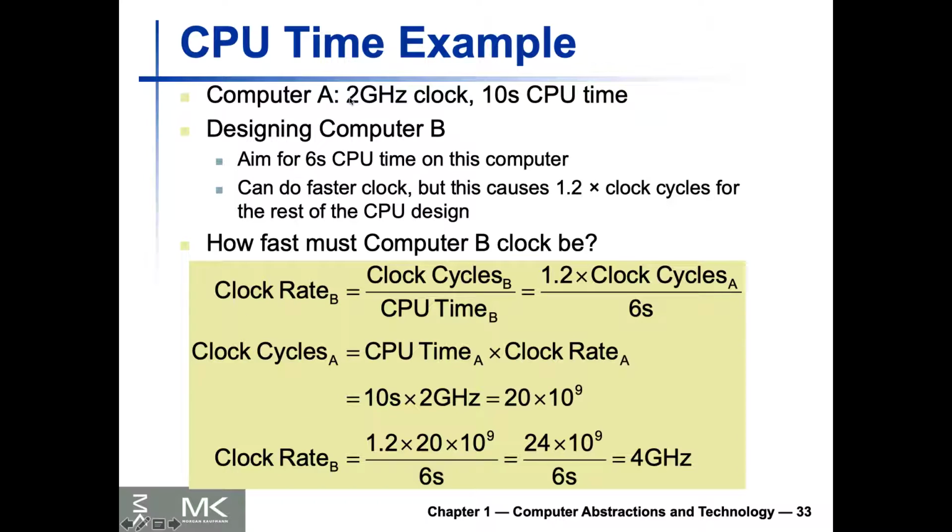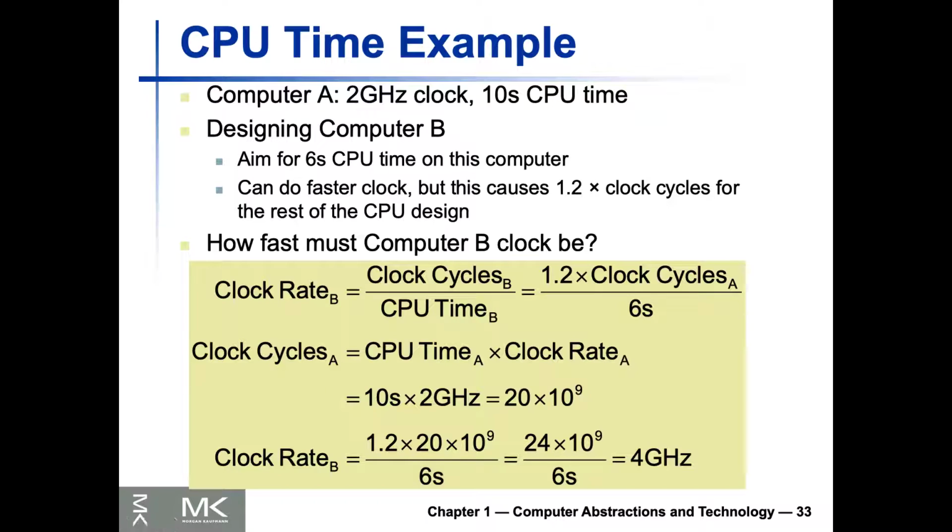So now let's see the clock rate of the new computer. The clock rate, as I taught in the previous slide, is going to be the clock cycles of computer B, the new computer, divided by the CPU time of the new computer. We were aiming at 6 seconds. The new clock cycles are 1.2 times the previous one, right?